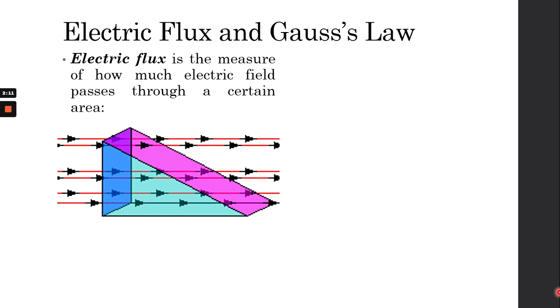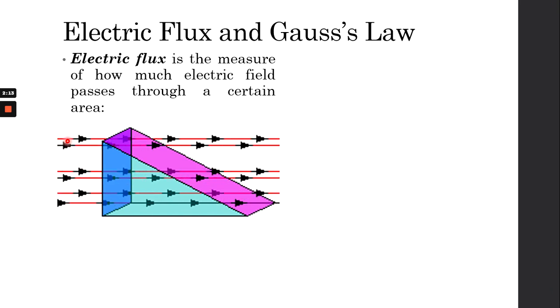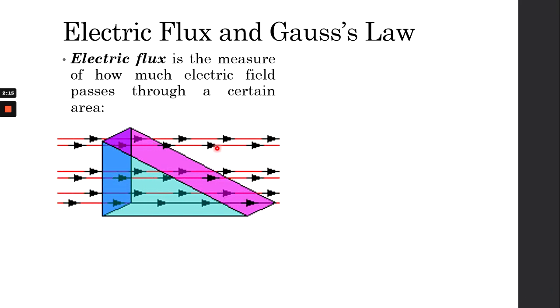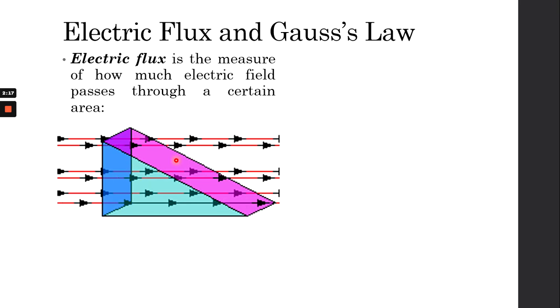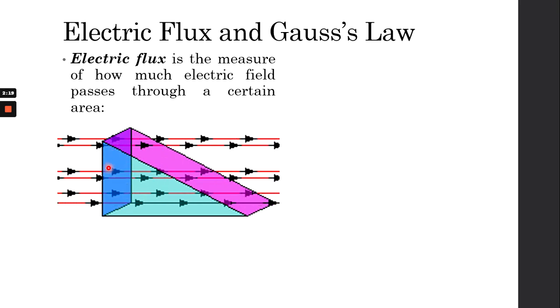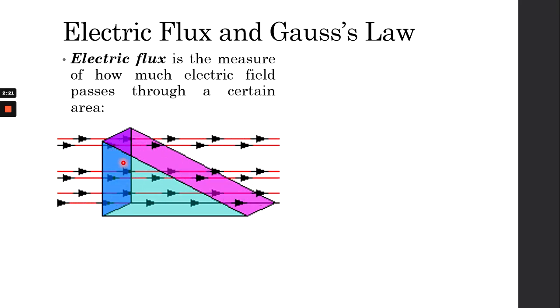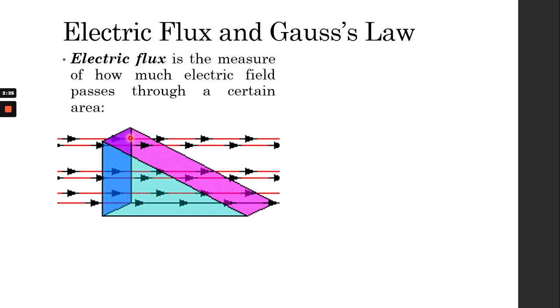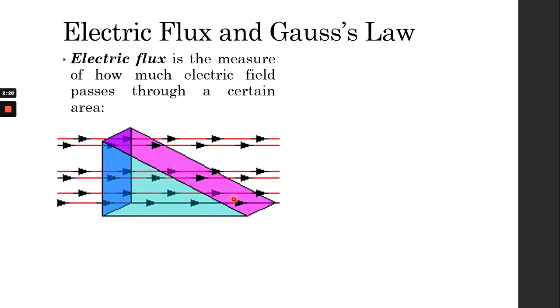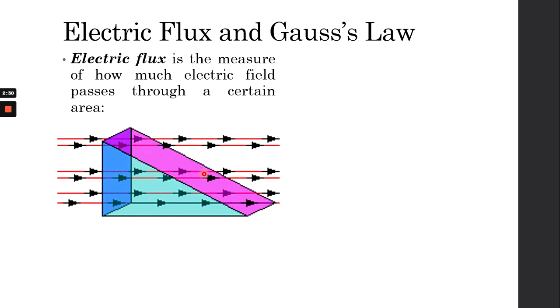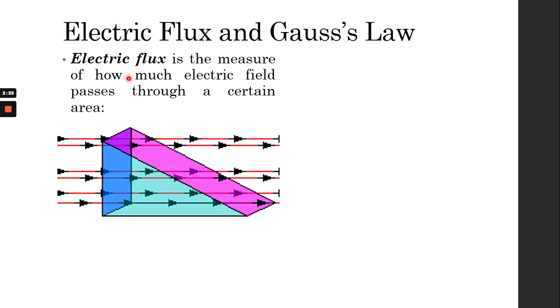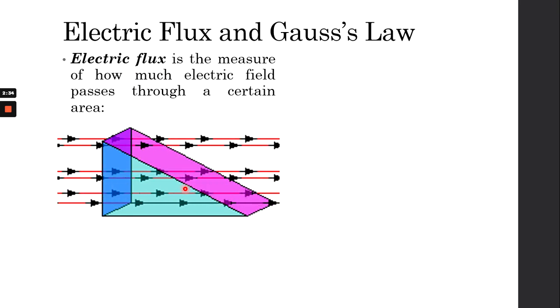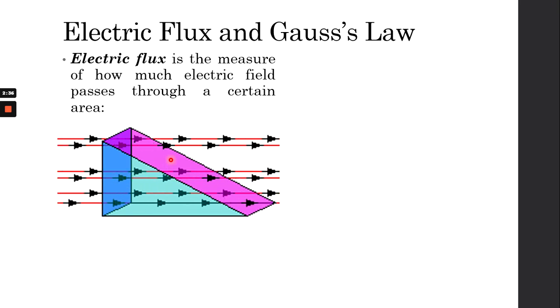We used this picture before wherein this electric field, these moving lines, are flowing through certain areas like the blue rectangle here, this green triangle here, and this purple or pink rectangle that is inclined at an angle. And we've learned how to measure the electric flux on each of these surfaces.